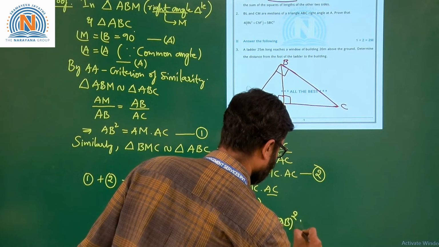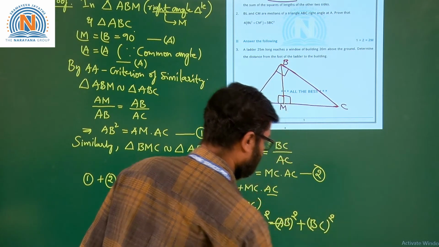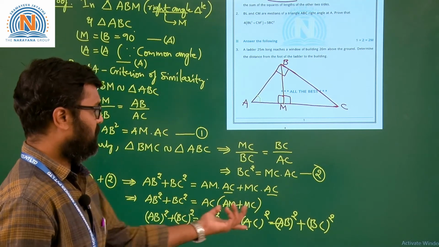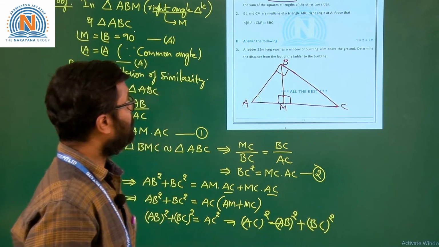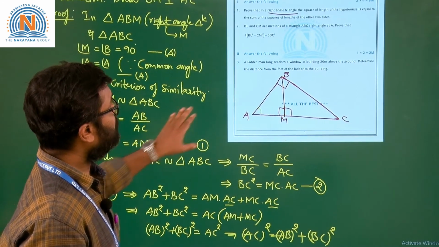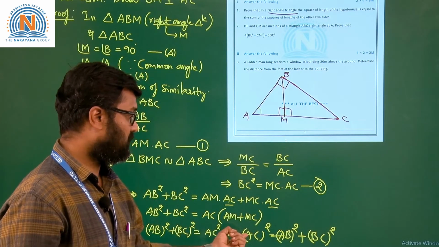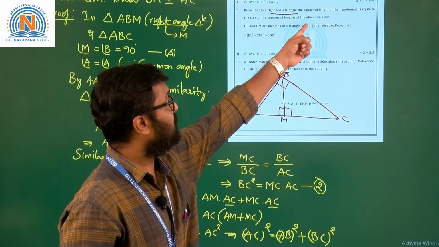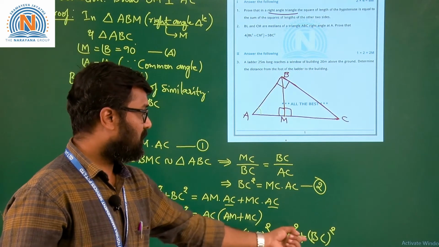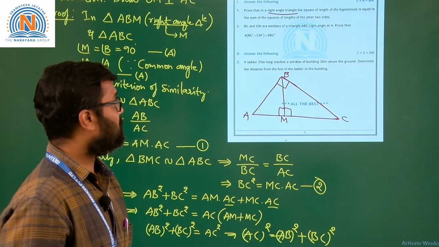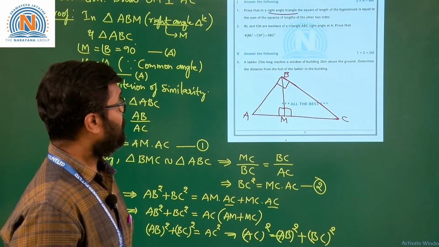That means LHS will become RHS and RHS will become LHS. So hence we proved, children, that the square of the length of the hypotenuse is equal to the sum of the squares of the lengths of the other two sides. So that's the proof of the first question, children.